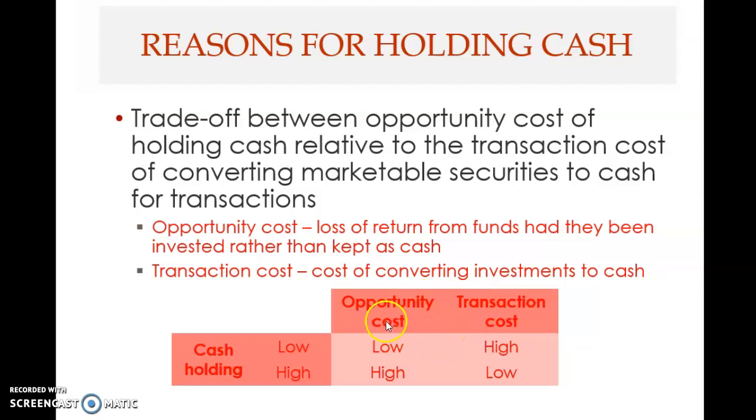Okay, so you don't need to minimize opportunity cost or transaction costs separately. You need to minimize the total of these two costs. Okay, so if you are able to minimize, then this is called the optimal cash holding. Okay, so this is an important topic about cash management.